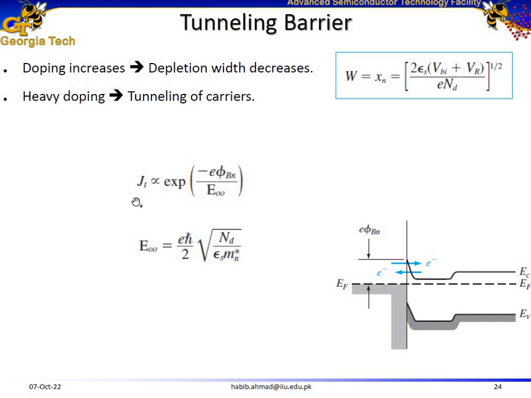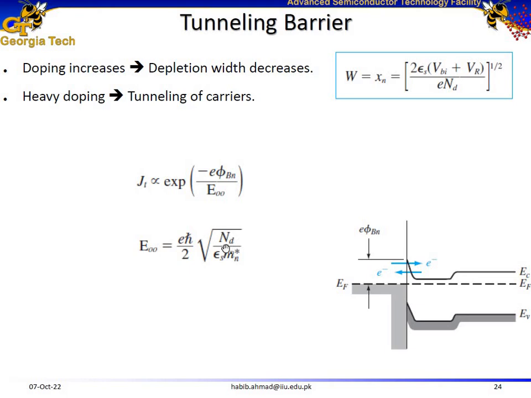Now here is the relationship for tunneling current density in amps per centimeter square. It's proportional to exp(-phi_Bn), and there we have a minus sign in the exponential, so that means if your Schottky barrier height is higher, your tunneling current would be lower. It's also proportional to E00, and E00 is proportional to ND.